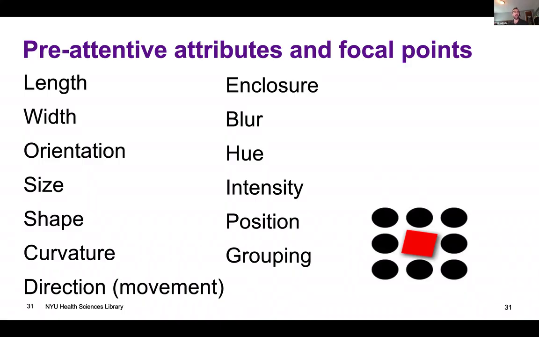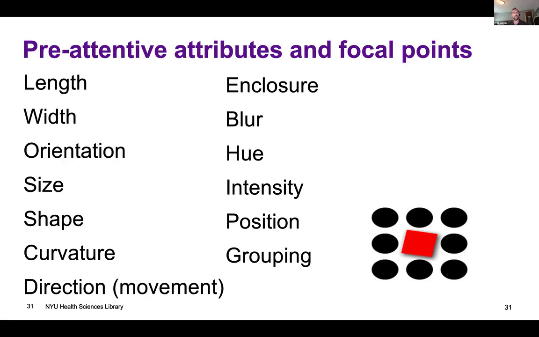I mentioned this in passing before, but it can be really helpful as well to think about pre-attentive attributes and focal points. This is the idea that there are certain elements that many individuals can just identify without having to consider and think about. In contrast to a text-based approach, where you have to really read through something and ask, what does this say? What doesn't this say?